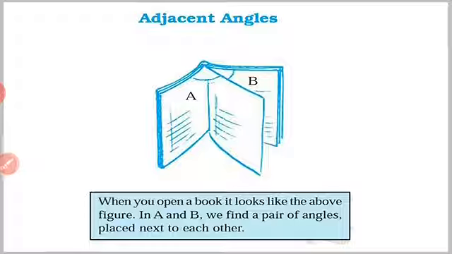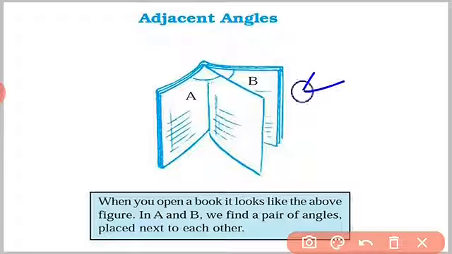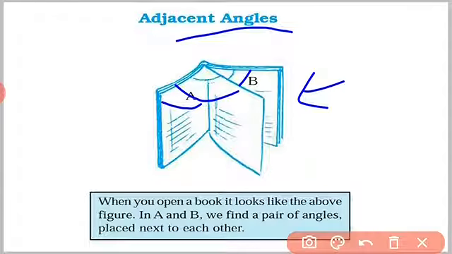Adjacent angles. Let's take an example of a notebook. When you open a book, it looks like the above figure. You can see when you turn the pages of the book, there form angles which are next to each other. Those angles which are next to each other are called adjacent angles.